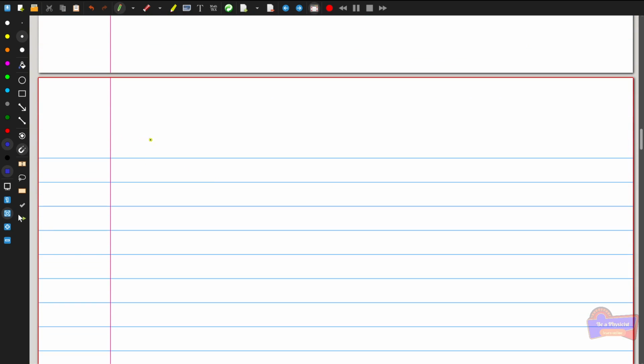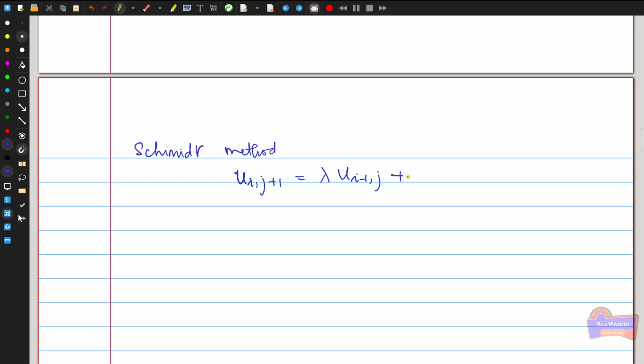The Schmidt method equation, which we have derived, is u of i comma j plus 1 equal to lambda times u of i minus 1 comma j, plus 1 minus 2 lambda times u of i comma j, plus lambda times u of i plus 1 comma j.